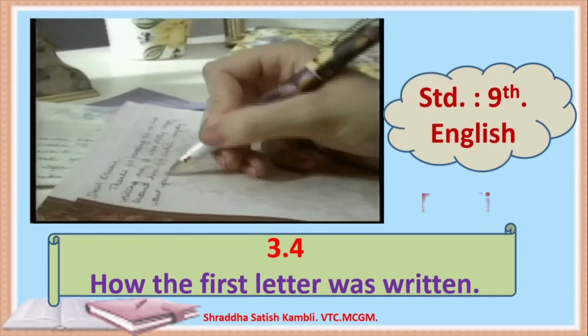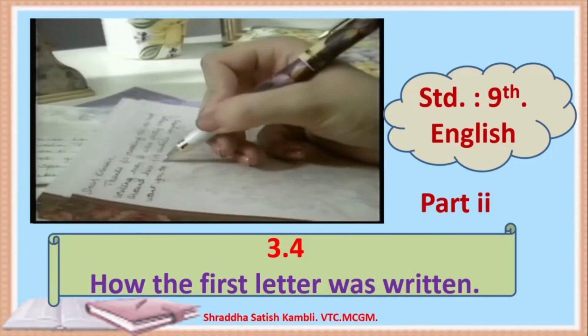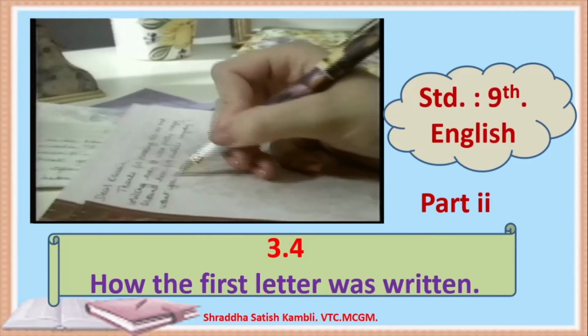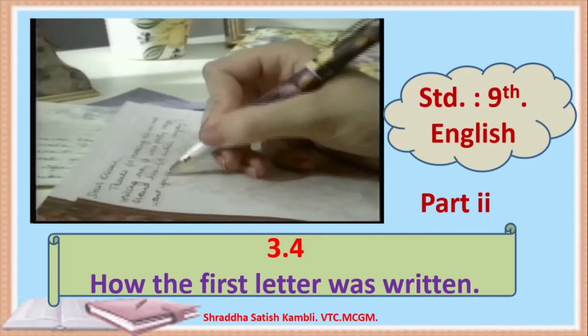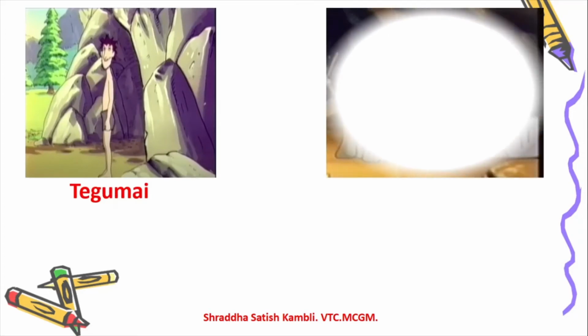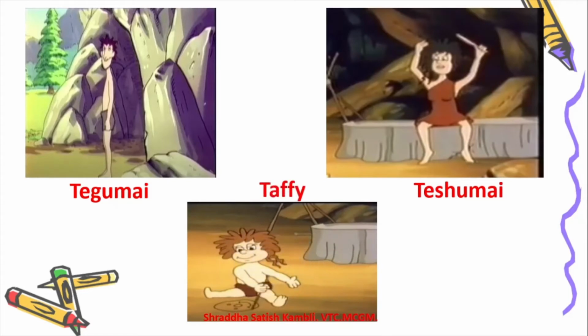This video is part 2 of the lesson How the First Letter Was Written. So we saw that it is a story of three people: Tegumai, Teshumai and Taffy. They were from the Neolithic age.